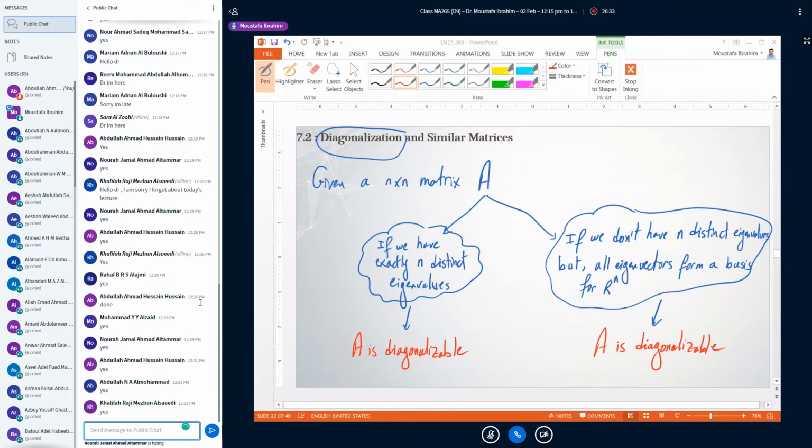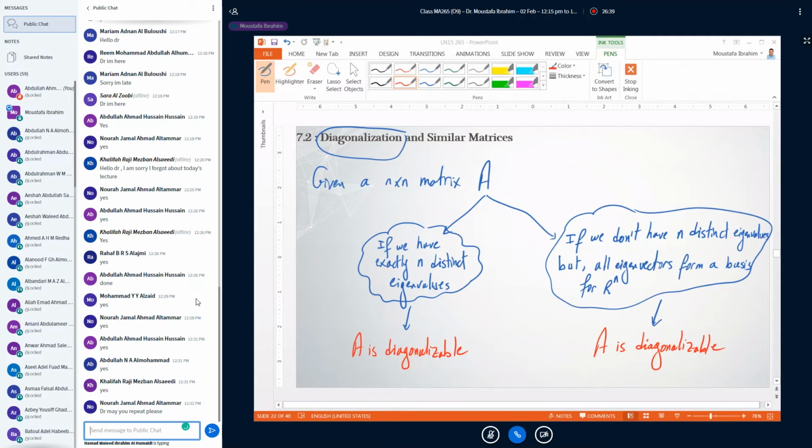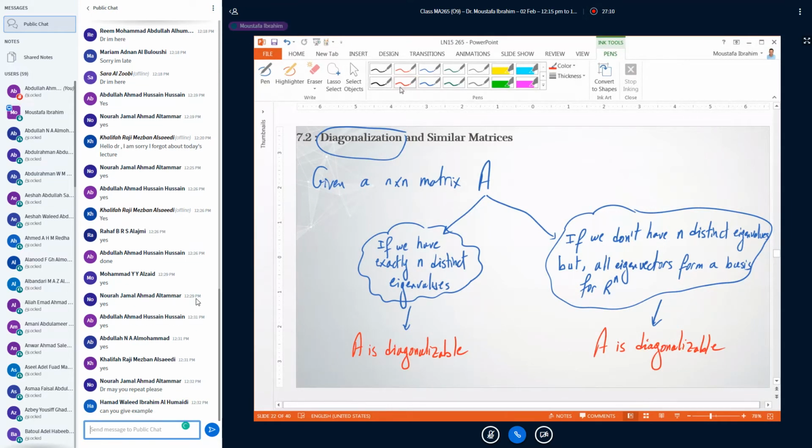You will understand this from examples. For sure, we'll do an example.